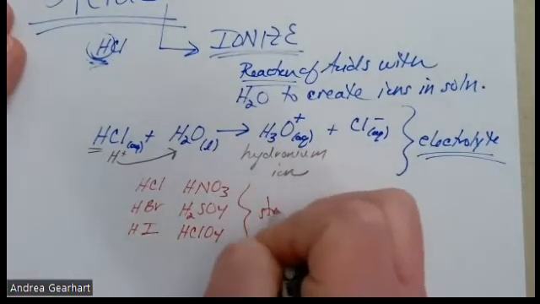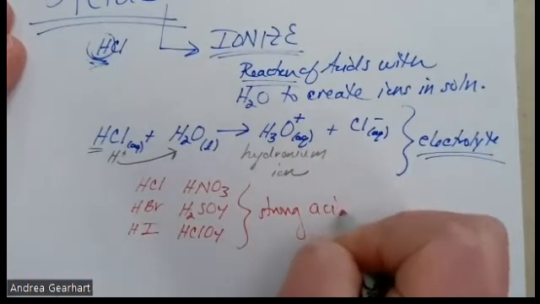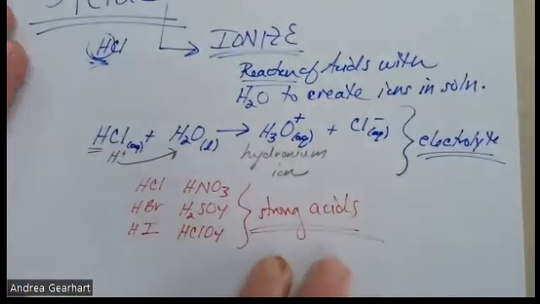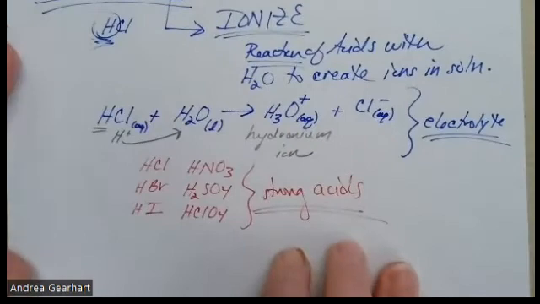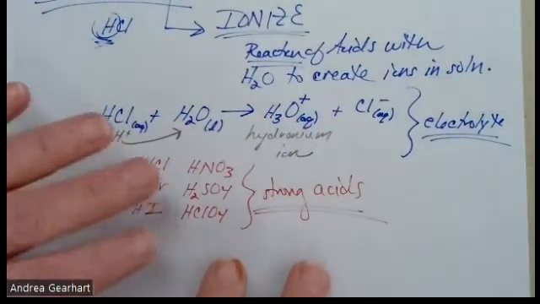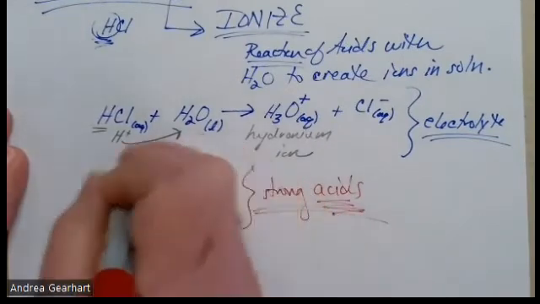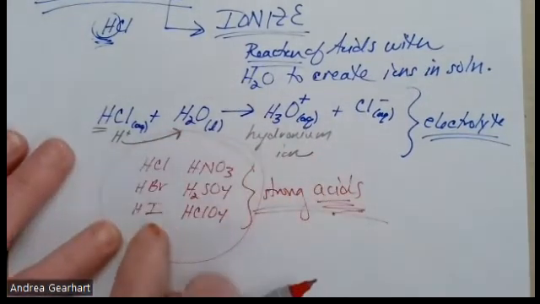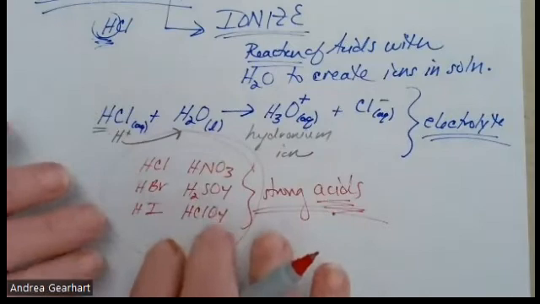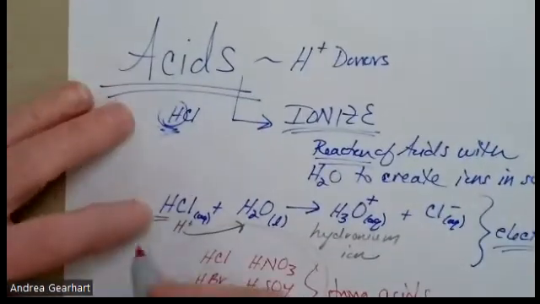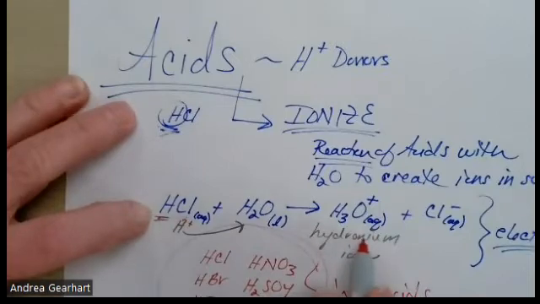These are strong acids. The scary characteristics that induce fear in us when we know we're working with an acid are from high concentrations of these in solution, because all that we put in creates hydronium.